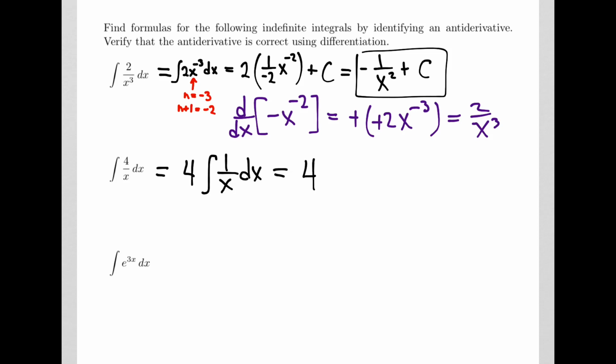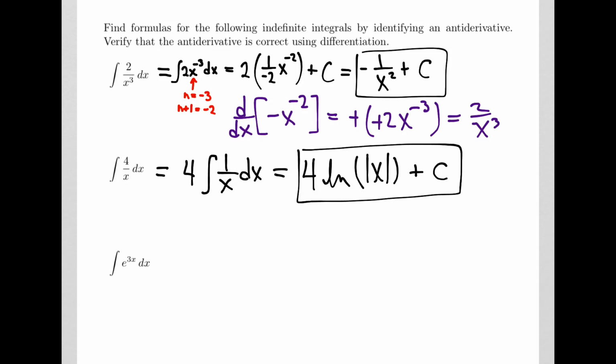So it's 4 times the logarithm of the absolute value of x, so that we get our domain positive and negative, plus c. This is the integral.